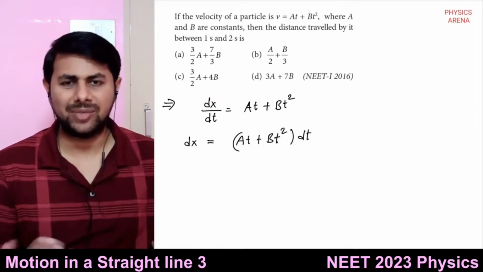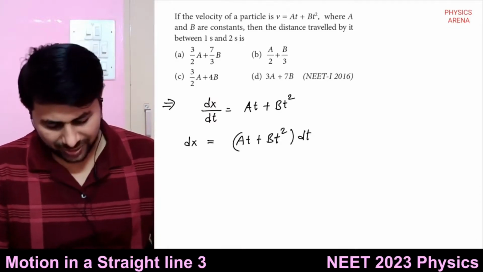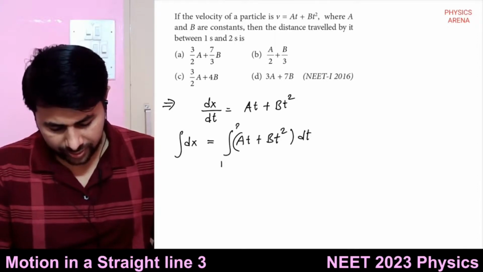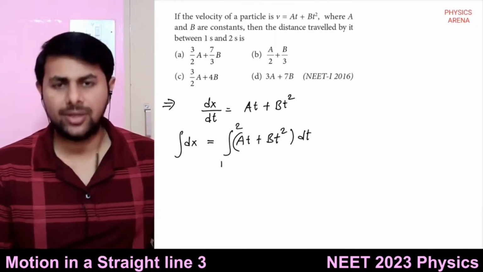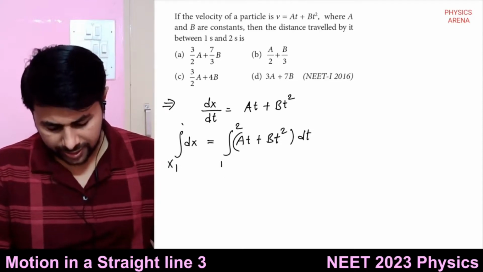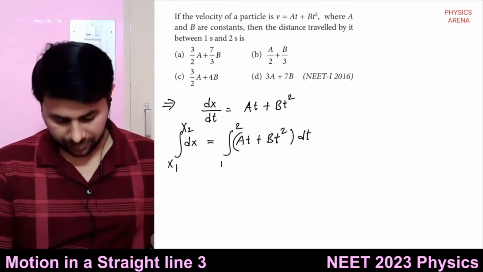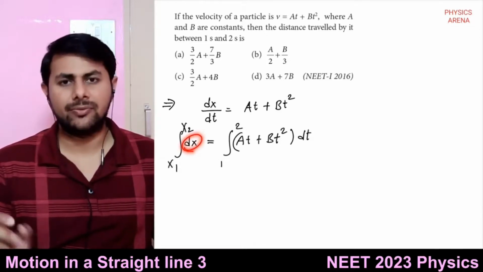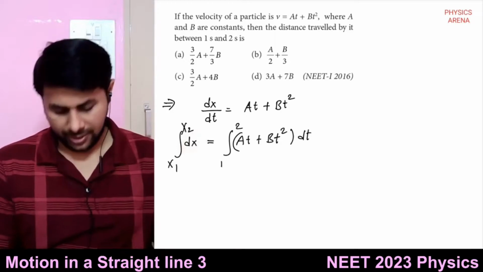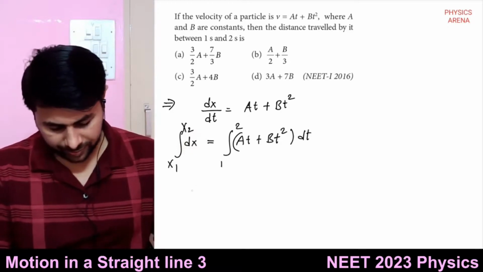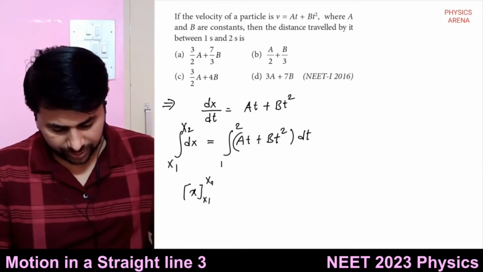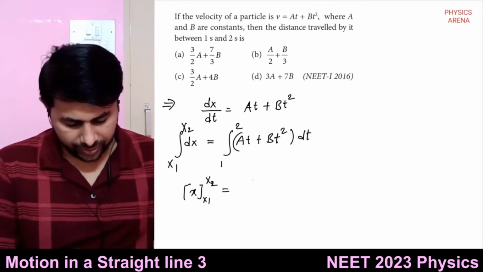You are multiplying with dt on both sides, and then you take the integral from 1 to 2. So time is changing from 1 second to 2 seconds, and position is changing, suppose, from x1 to x2. The integral of dx will give you the change in position. The integral of dx is x, so x from x1 to x2 is equal to this integral.